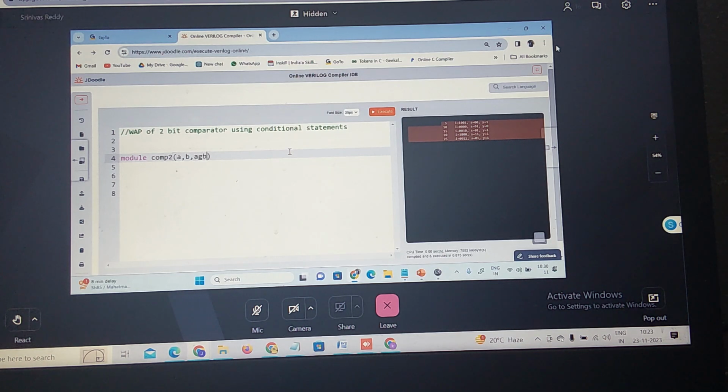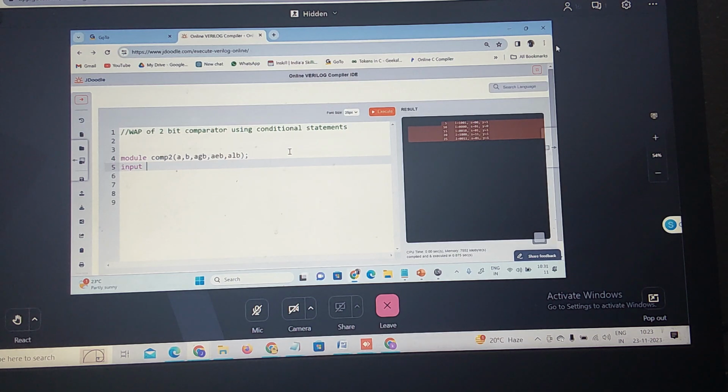Shall I write A greater than B like this? A greater than B, A equal to B, correct? Then A less than B. Then what I need to do? How to declare this? What are the input ports? A comma B. Whether it is a scalar or vector, I'm talking about a 2-bit comparator.